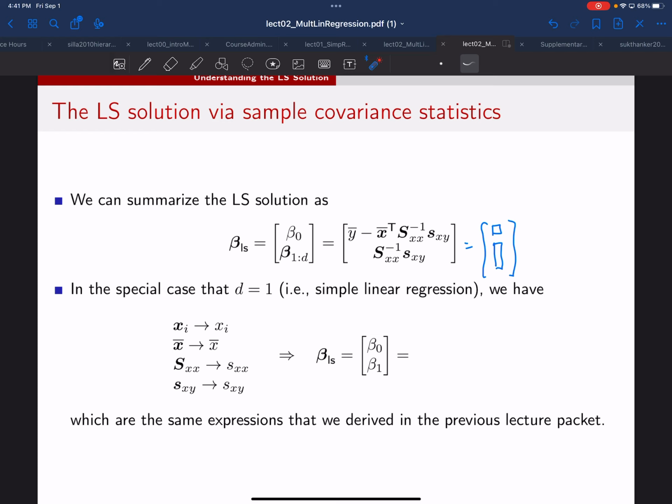And if you remember the equations we derived in that unit were the following: y bar minus x bar sxy divided by sxx. Now those are scalars, so I can do that. And then down in the second term, this is only a two-term vector, I had sxy divided by sxx.